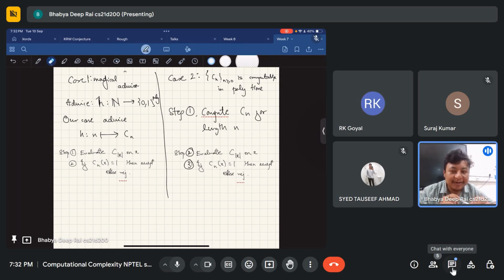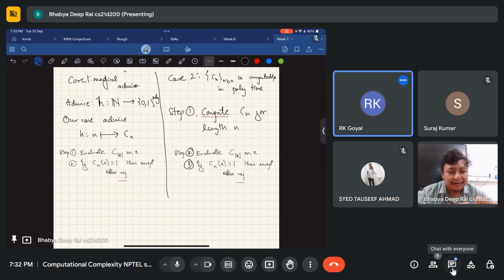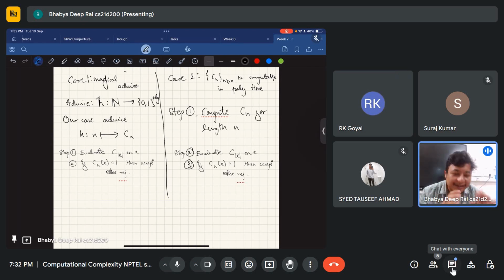That can be done in polynomial time, and give me any length, I'll do it for you. The Turing machine can come up with a circuit himself. So that is exactly what the Turing machine will do. It will compute the Cn for that particular length and then evaluate on that x and then accept, otherwise reject.